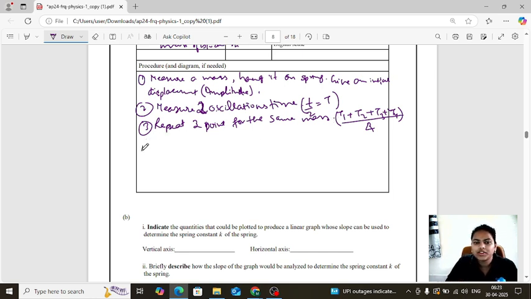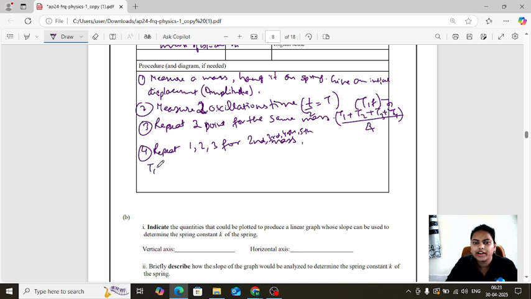And the next procedure is to repeat steps 1, 2, 3 for a second, third, fourth, or fifth mass. From this you would get T1 final, the average of all.